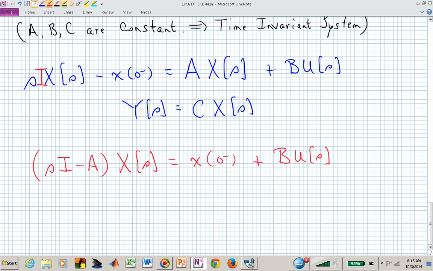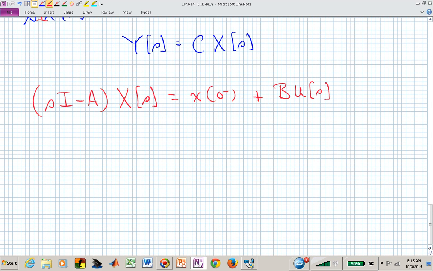So this is now a matrix inverse with a complex frequency variable included in it. So now we have a matrix inverse that's symbolic. We have to keep track of that s. It's not just a numerical inverse.